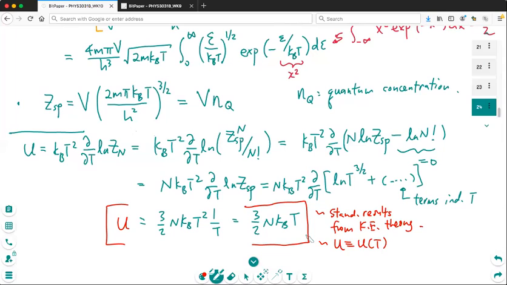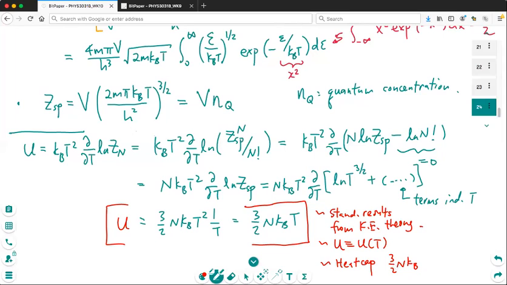Another famous result. And third, it allows you to calculate the heat capacity. The heat capacity can be obtained by another temperature derivative, and it will give you 3/2 nkB. This can be appreciated very much.